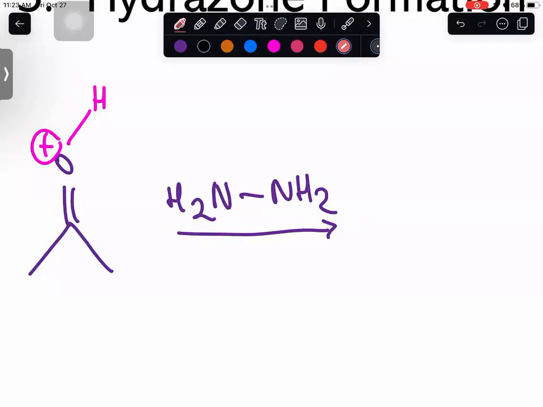What would happen if one of those nitrogens had an isopropyl group? Propyl is electron donating, but it's sterically hindered, so you would want the electrons on the nitrogen that's least sterically hindered to react. Exactly. Now, this is not the only possible hydrazine that you're going to see.